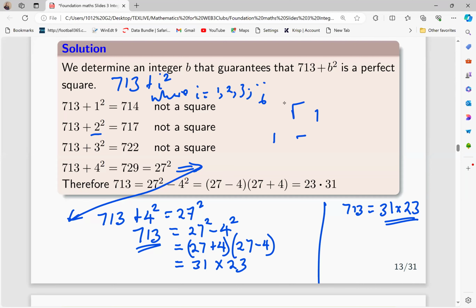When you obtain a perfect square, it's supposed to give you the square root. The square root of this sum is 27. Then from there you proceed.